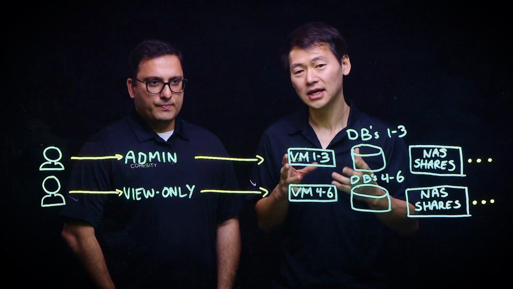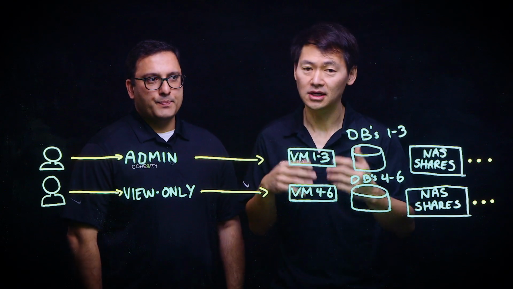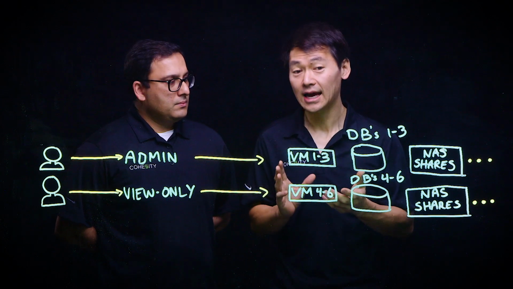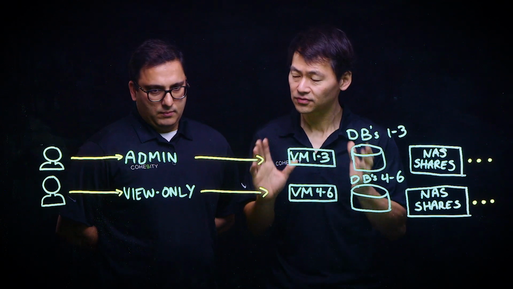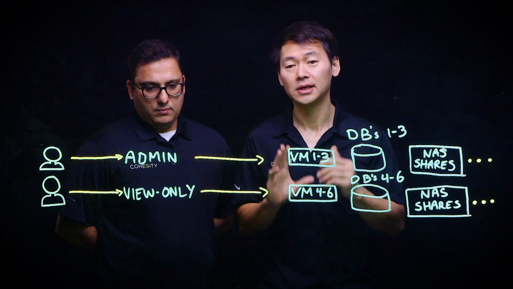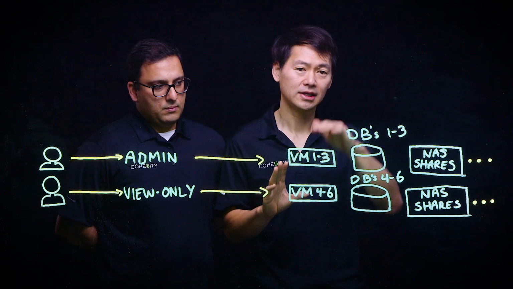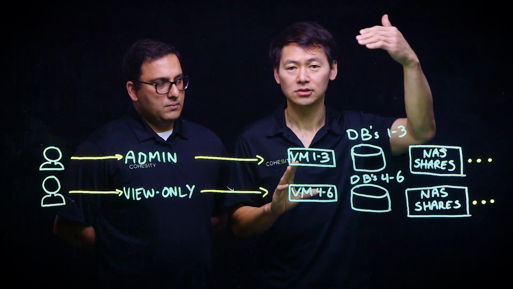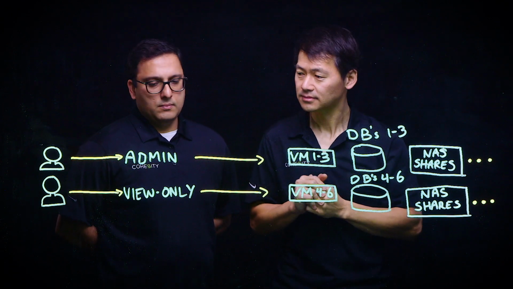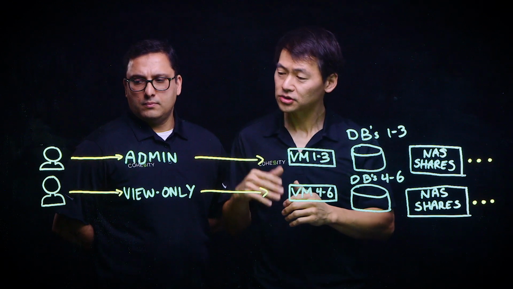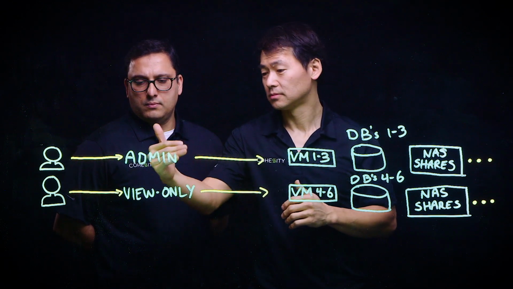So our whole multi-tenant system is actually built on top of our core Cohesity role-based access control system. So let's first talk about role-based access control, or RBAC, and then we'll talk about how we extend and build on top of it to achieve multi-tenancy. So in RBAC, you first create a role.